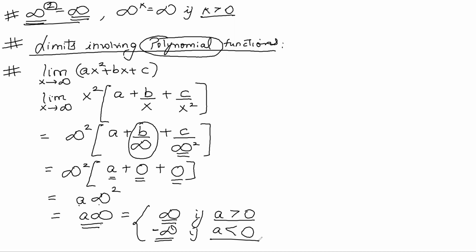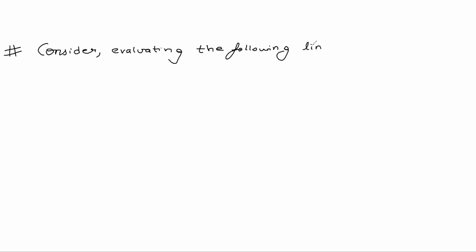Now, guys, let us consider evaluating the limit of a general rational function. All of us know rational functions are of the form p by q. We know the concept of rational functions. So suppose I need to evaluate this limit.